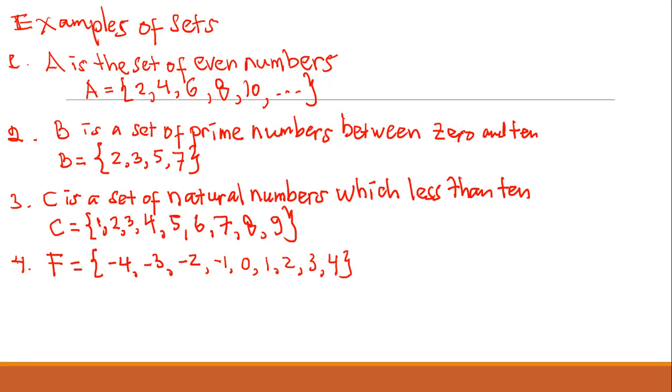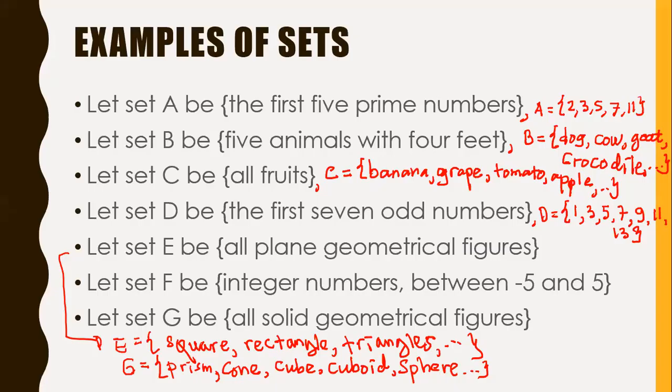So, easy, I think, example of sets. If A is the first 5 prime numbers, so we define A as a set with the numbers 2, 3, 5, 7, 11. Okay.